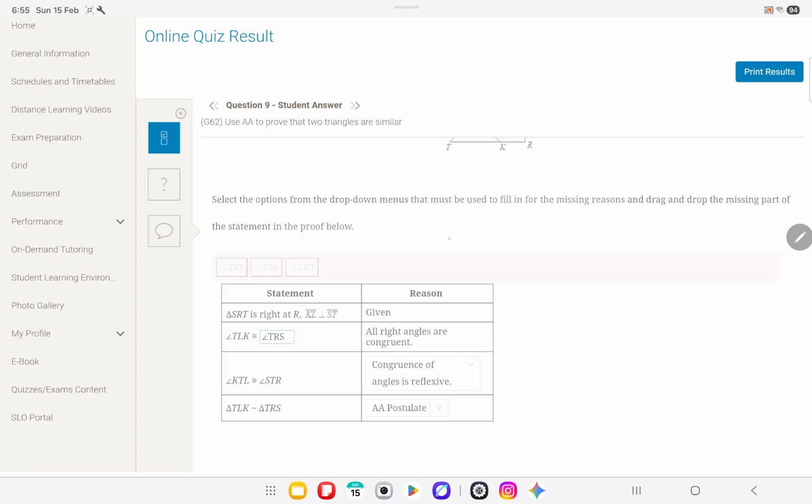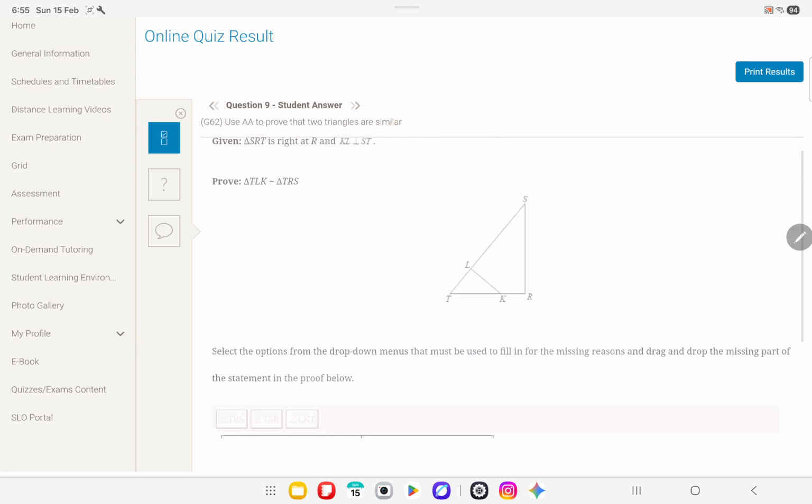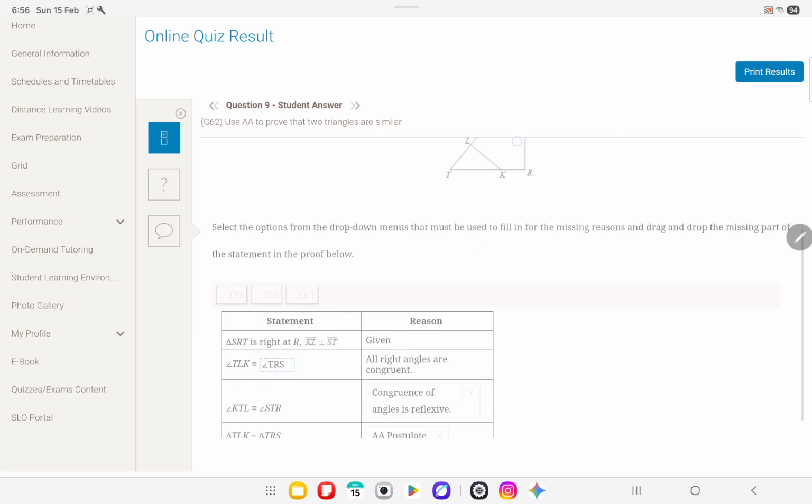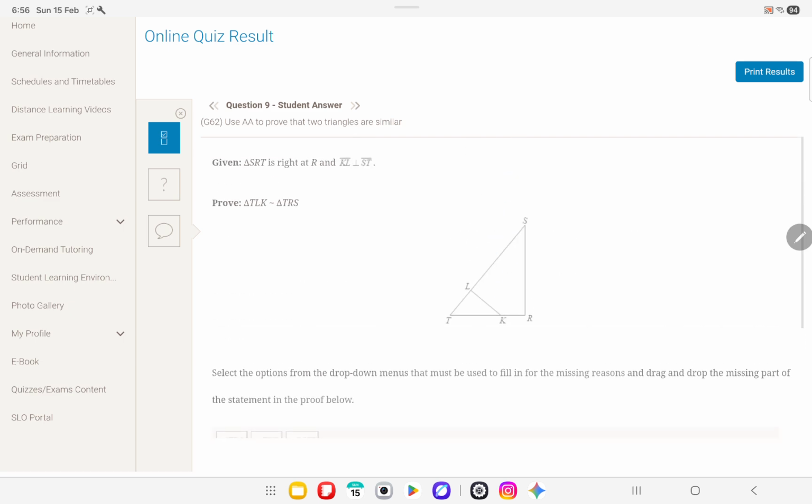Okay, now we have TLK is congruent to something. All right angles are congruent. Now we found that TLK is what? We knew that this is a right angle, right? So what's the other right angle that they gave us?